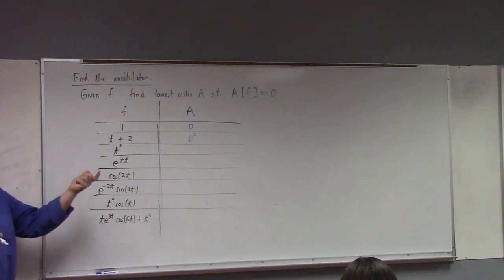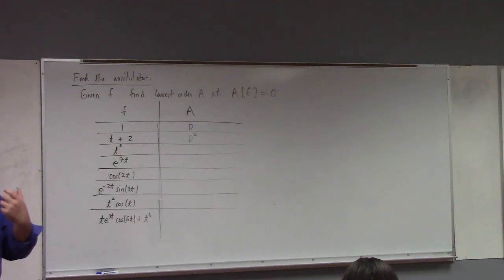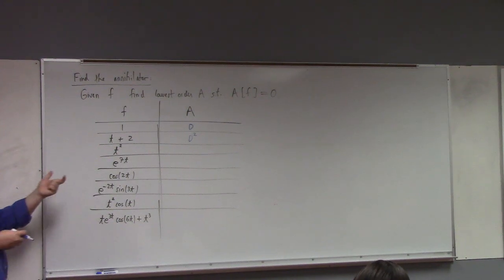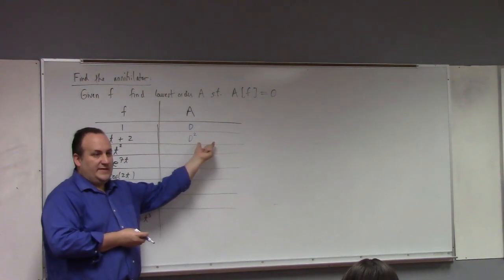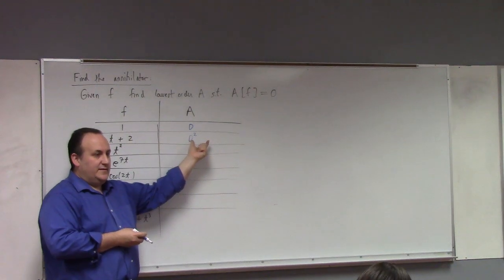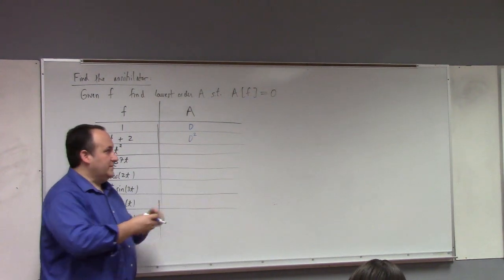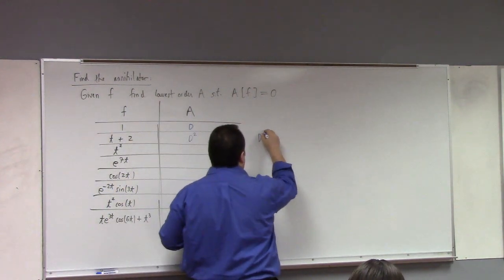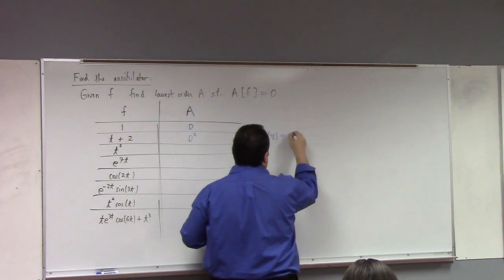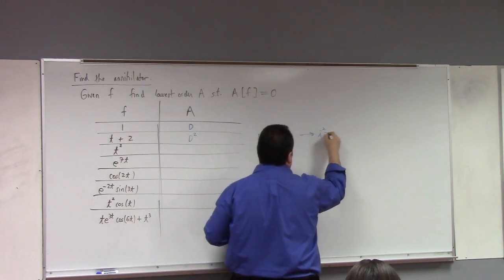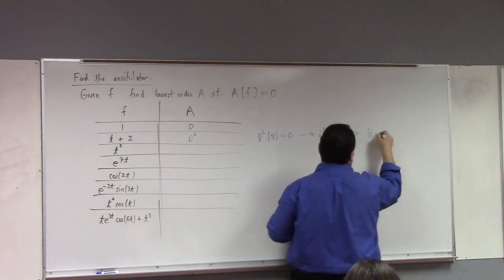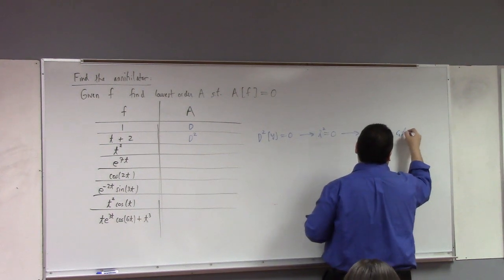Lambda equals 0 twice has the solution set C1 plus C2 t. So 1 and t are the solution set to D squared, being the L, right? L of y, D squared y equals 0. This is the logic, guys. D squared y equals 0 gives me lambda squared equals 0, gives me y equals C1 plus C2 t, right?